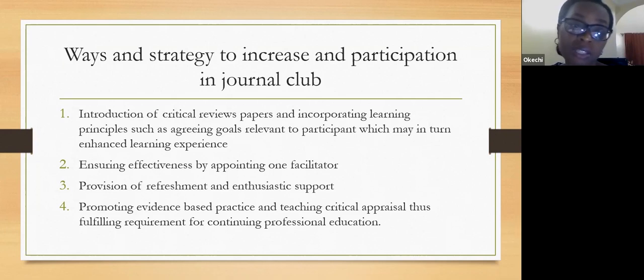Then, of course, provision of refreshment is also advised so that the participants will be willing to come as often as possible if it's a face-to-face meeting anyway. But for us who are online, we cannot see any cook flying from one pot to the other. So promoting evidence-based practice, like we've said already, and teaching critical appraisal skills as well. Next slide, please.